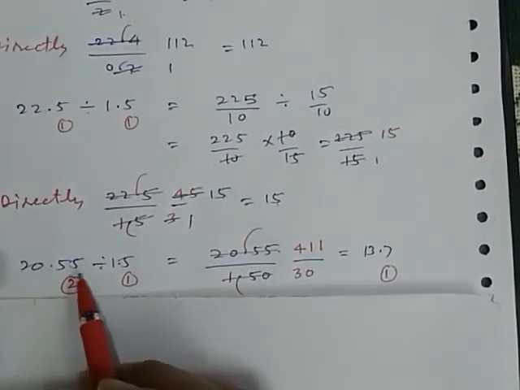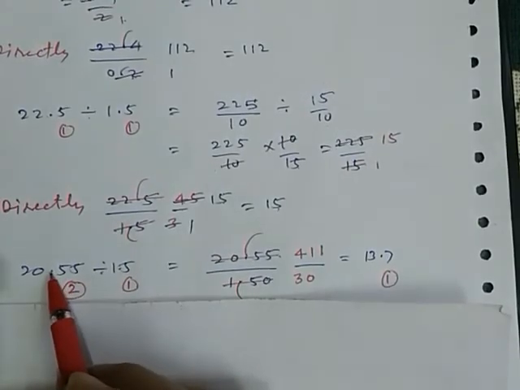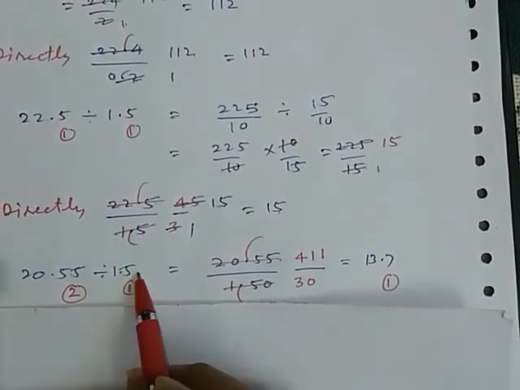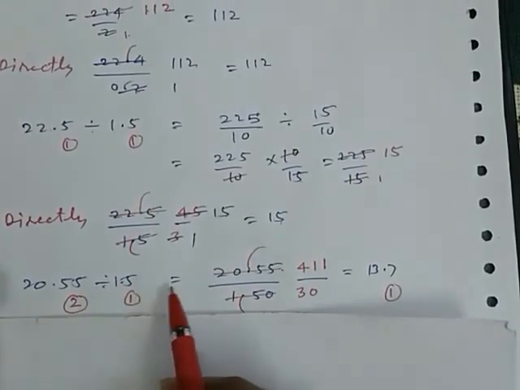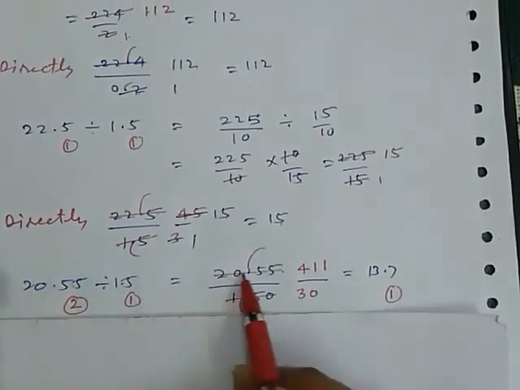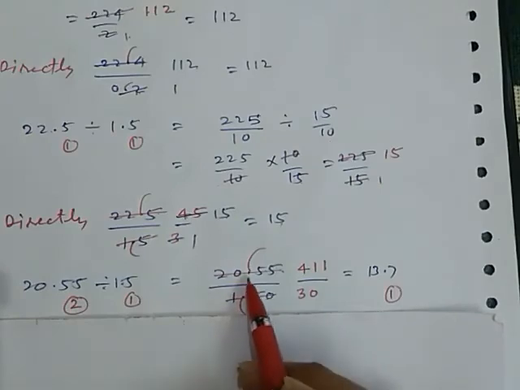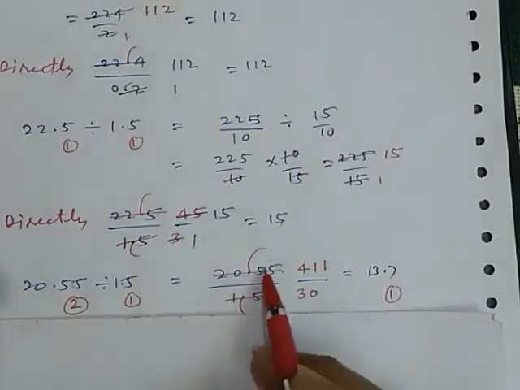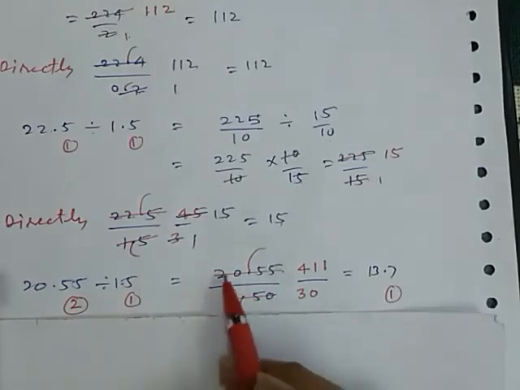Here 20.55 divided by 1.5. Here the digits after the decimal are not the same, but we have to make the digits the same. How? We write 20.55 here and we write 1.5 here, but we put 10 here. So after the decimal the digits are the same. Now cancel the decimals, so they convert to whole numbers, and then divide.